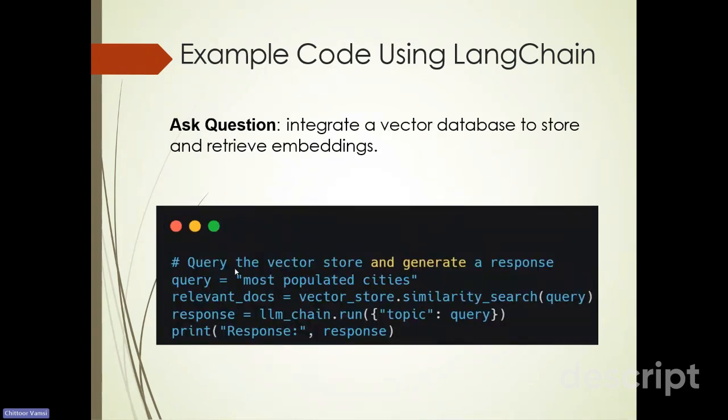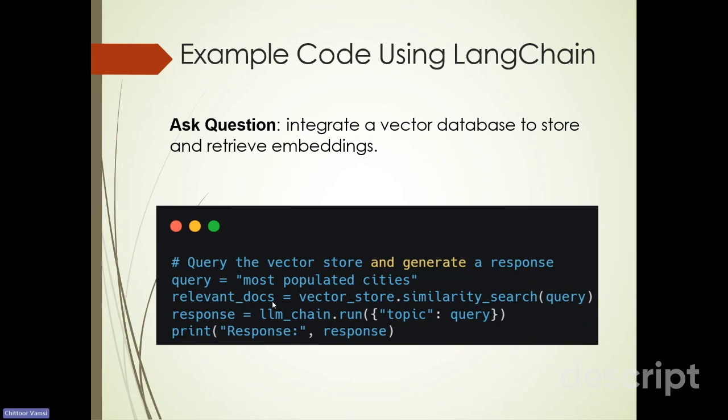Now it's time to query. You are going to integrate the vector database to store the vector store and retrieve relevant documents. You're asking most populated cities. You are calling vector store dot similarity search of query. So similarity search is just going to find the top similar documents to this particular query.